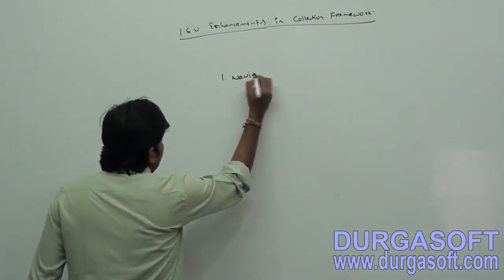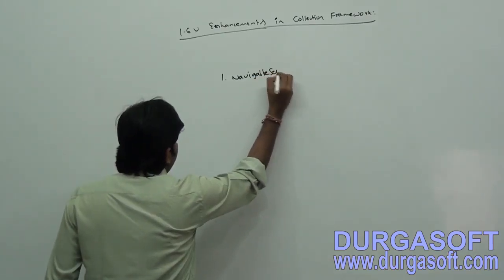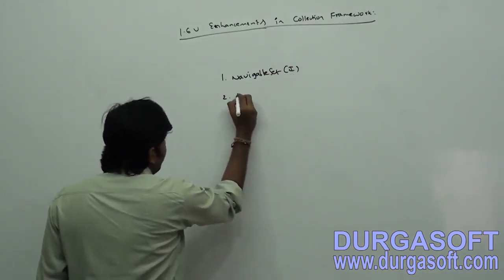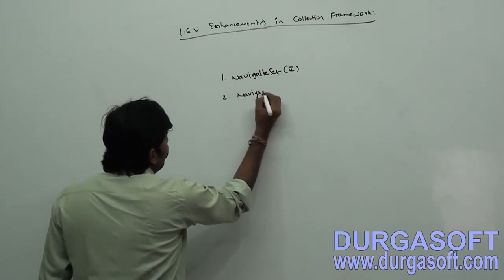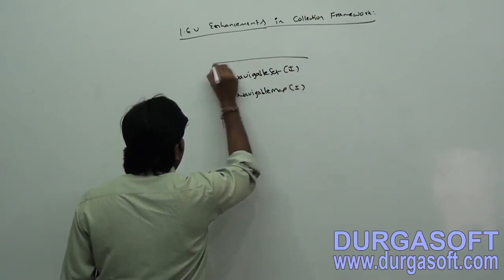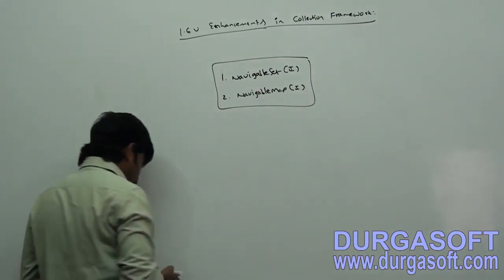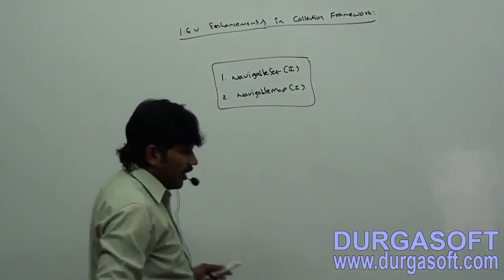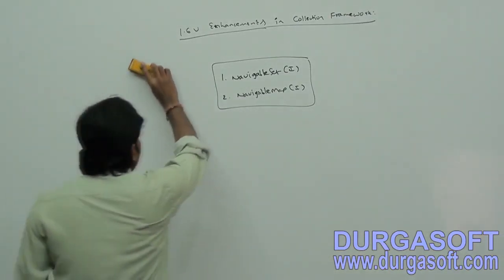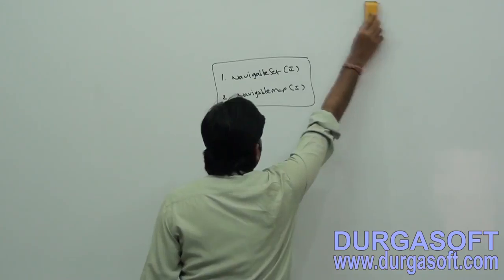First one, navigable set. Second one, navigable map. Navigable set and navigable map.